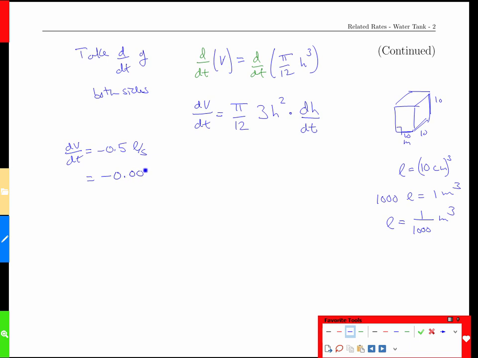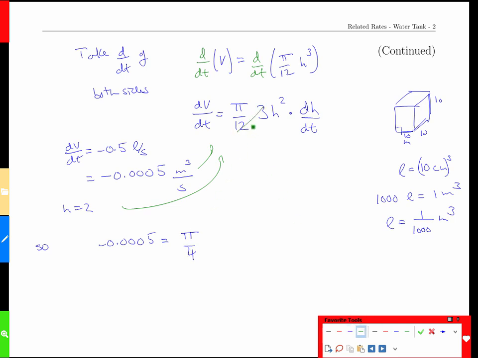So let's translate that here. It's going to be 3 more zeros, and then we can call those meters cubed per second. A lot fewer meters cubed because meters cubed are bigger. All right, and h equals 2. So what we can do is plug both of these into our equation, and we get negative 0.0005 is going to equal, well, actually we get pi over 4 here from the 3/12.